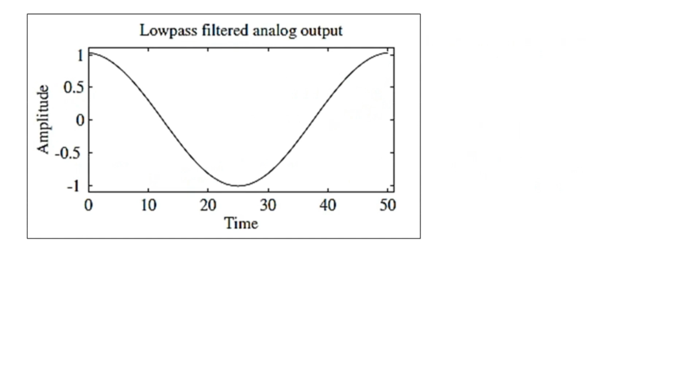As in the previous case, the application of the compact disc, that is the CD player, also involves the oversampling sigma delta D2A converter.